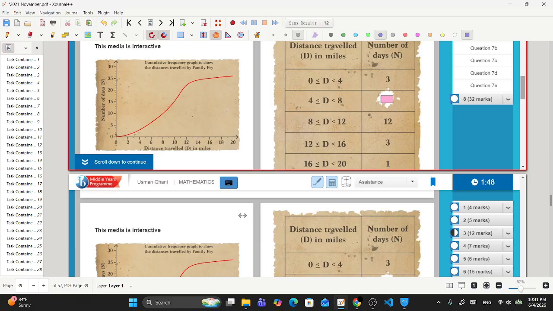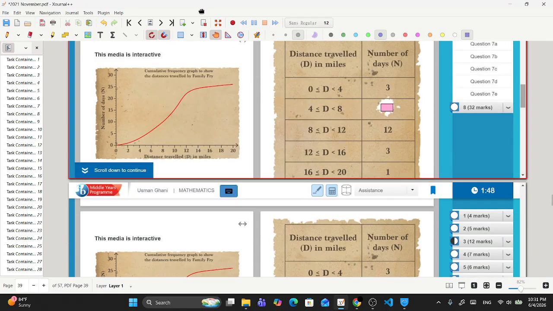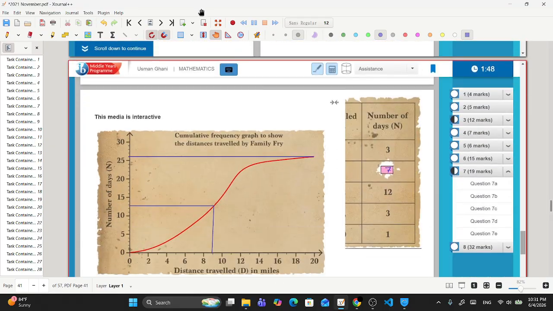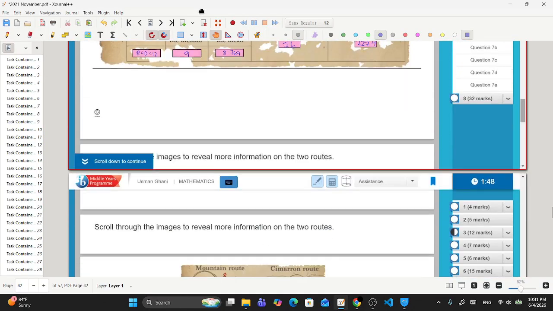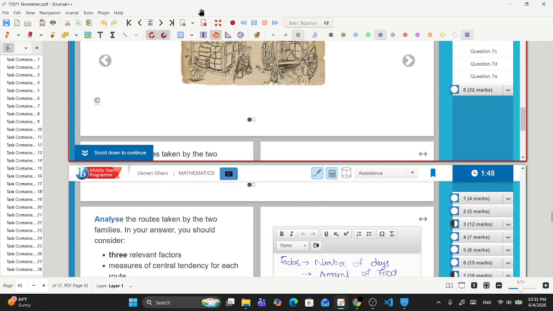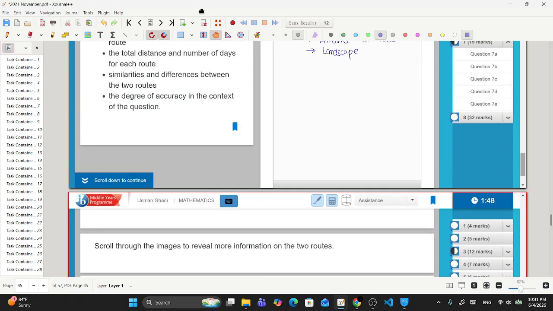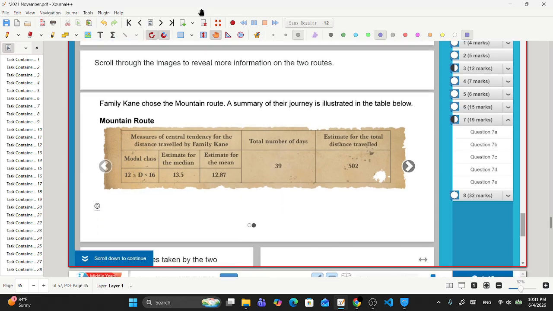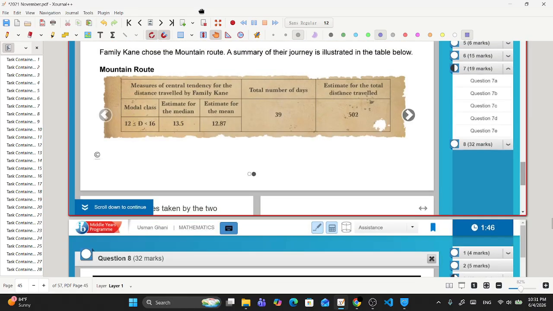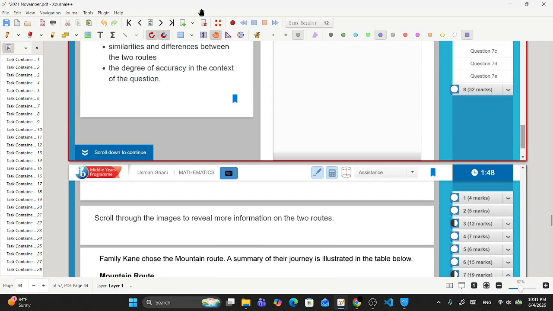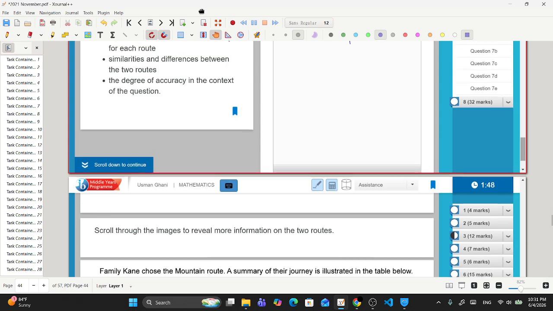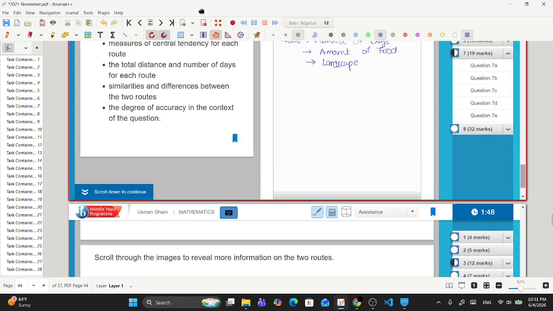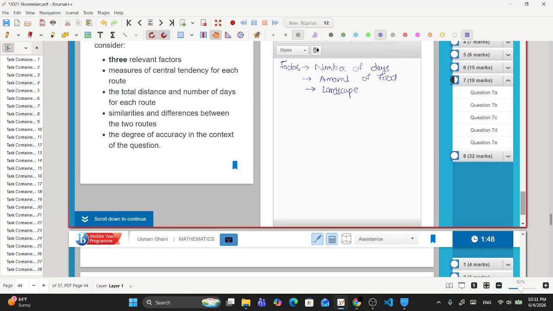In the case of the Cameron route, as compared to the other one that was given, the mountain route, the modal class was 12 to 16, 13.5 was the estimate, median 12.87. It was generally a long distance that they had to travel, right? So in comparison, the Cameron route was less.